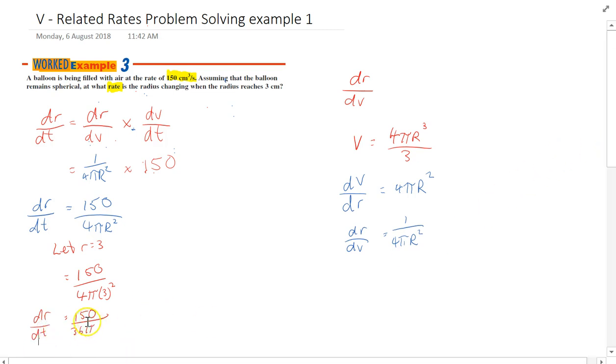You can probably make that 50 over 12, 25 over 6, something like that. 25 over 6 pi.